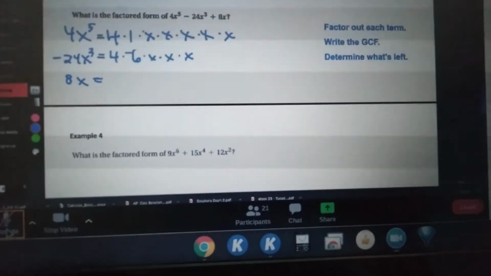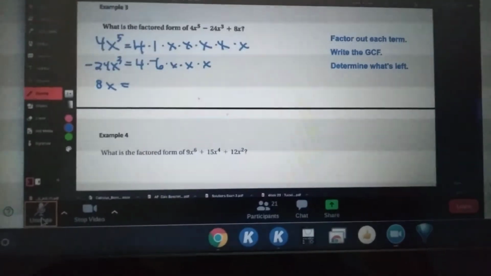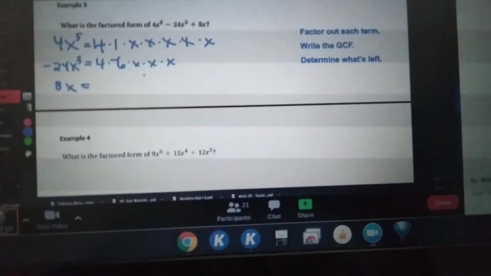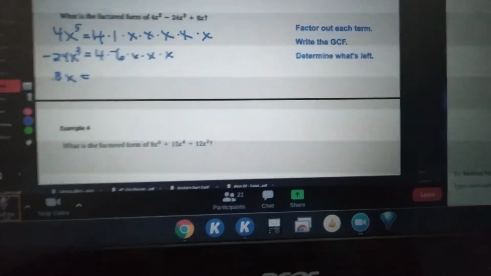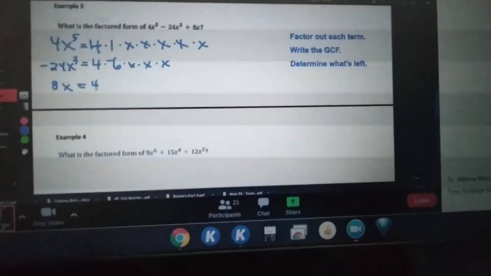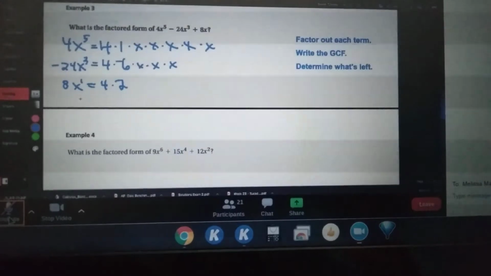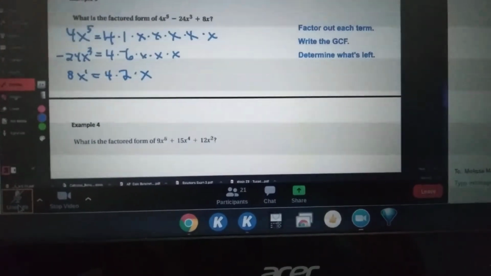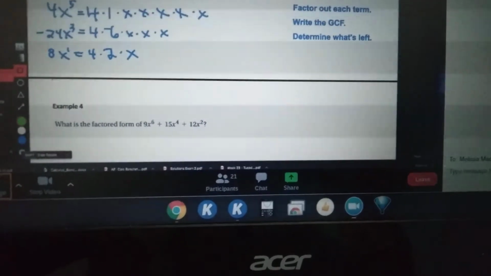Notice I am lining up everything one on top of each other, because if I line them up, I can clearly see what all of the terms have in common. So 8x, well, I know that's 4 times 2. And then I see x, that means x to the first power, 1x. And then I'm done. Now I'm ready to find out my GCF.